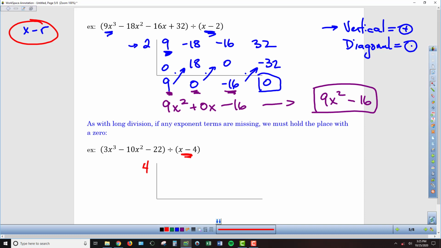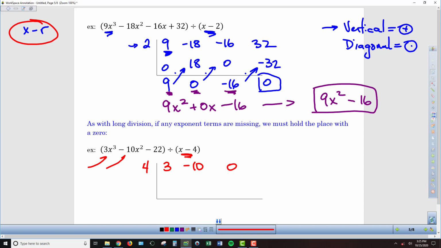Now for the inside, I just use the coefficients of my polynomial here. But you'll notice we've got 3x cubed, so I've got a 3 there. I've got negative 10x squared, so I've got negative 10 next, but I'm missing the x term. So just like we did with our long division, we have to make sure that we include a placeholder for the x term that's not there.